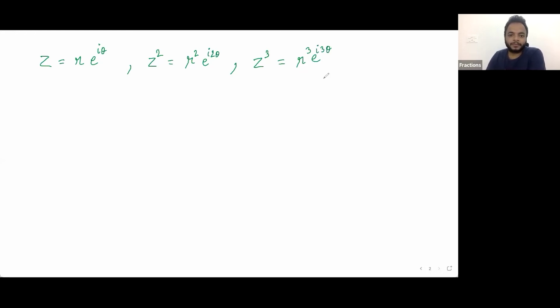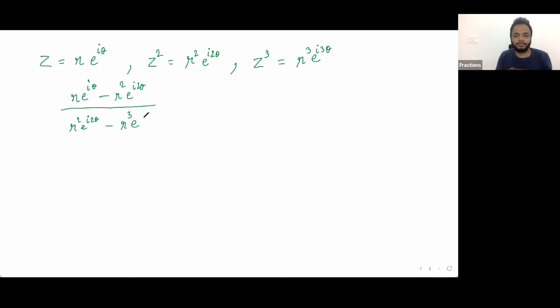So then let's look at r e to the power i theta minus r square e to the power i 2 theta divided by r square e to the power i 2 theta minus r cube e to the power i 3 theta.